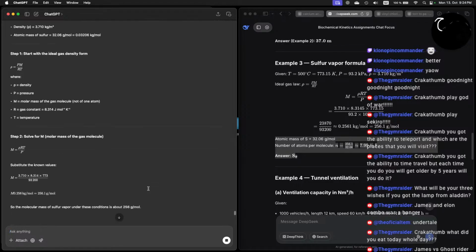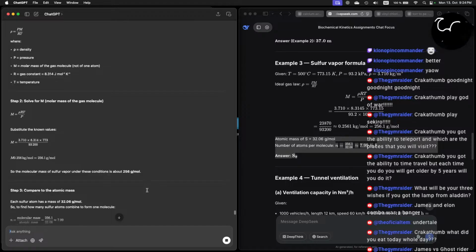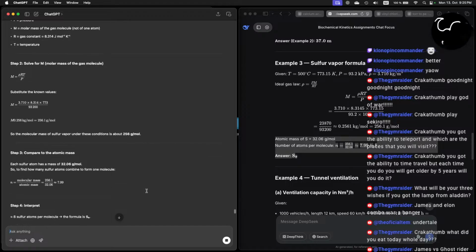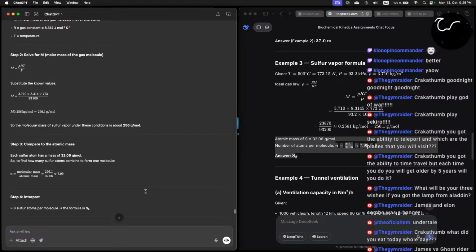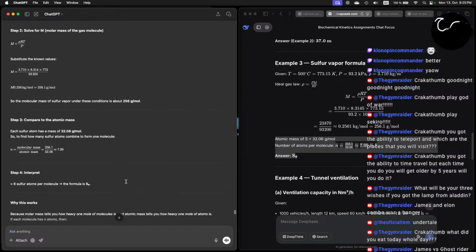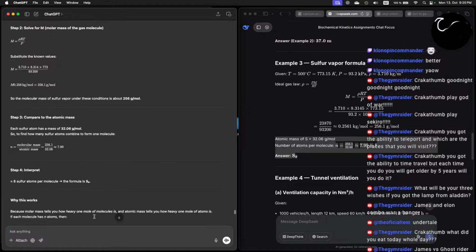ChatGPT is doing its own calculations. Because molar mass tells you how heavy one molecule is, and atomic mass tells you how heavy one atom is. Oh, now we're getting the number of sulfur atoms combined to form one molecule.